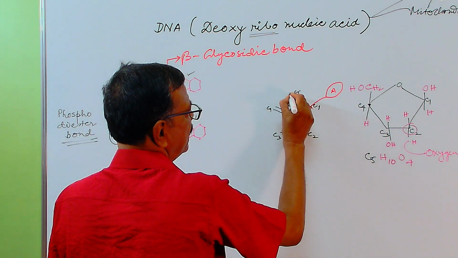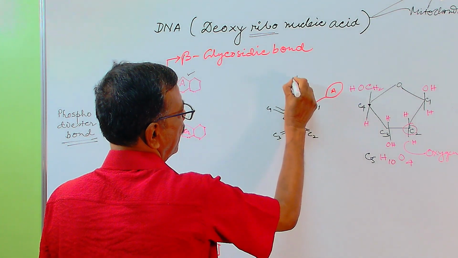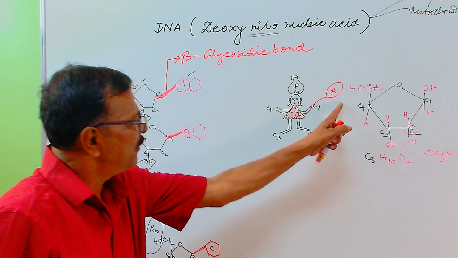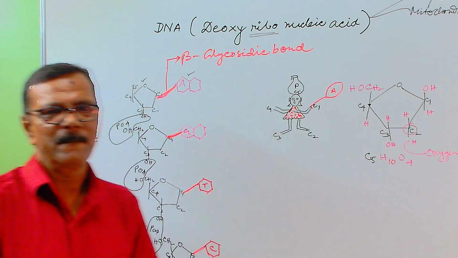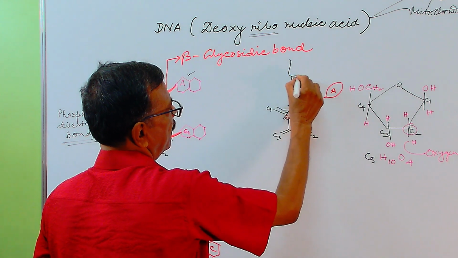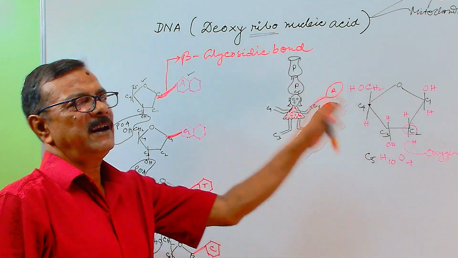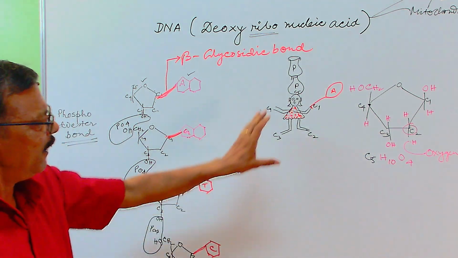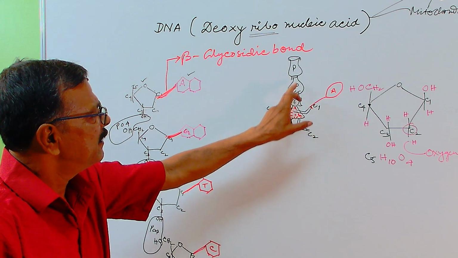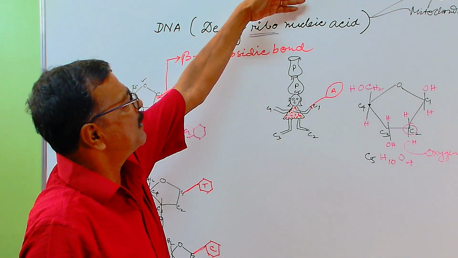Now, if I put here one phosphate group, it's known as adenosine monophosphate. Another phosphate you can join, adenosine diphosphate. Another, adenosine triphosphate. So she is holding at C5 position carbon the phosphate group. And with another one, that will be C3.